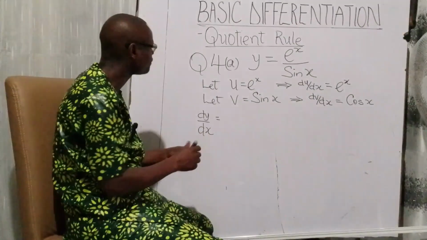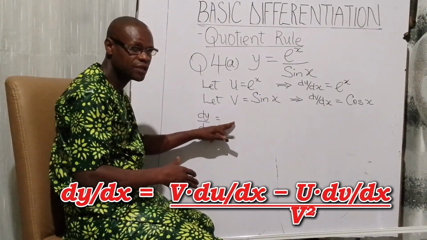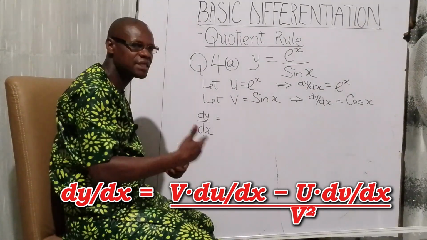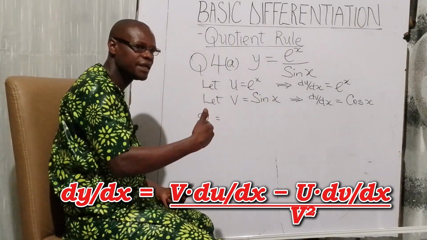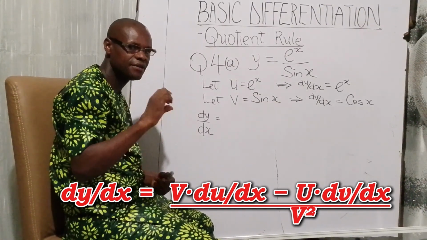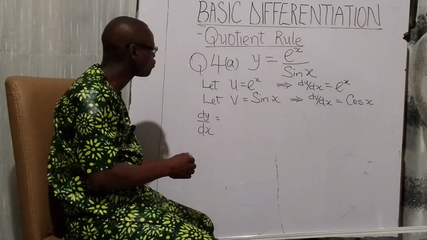For the sake of managing the space on the board, I may not write out the formula for the quotient rule here. We are still going to use the same v du/dx minus u dv/dx divided by v squared. That is how we apply the quotient rule.